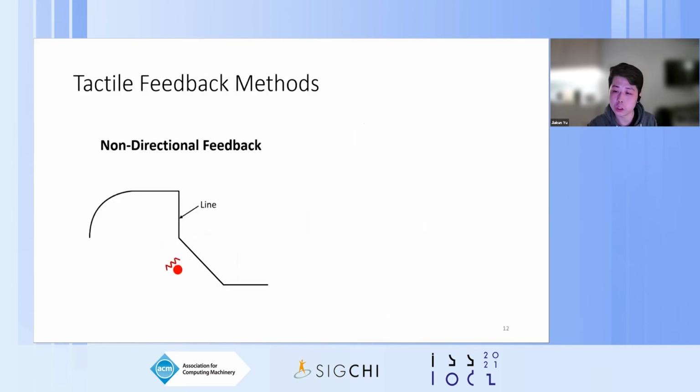We proposed two different methods of eyes-free line tracing: non-directional and directional feedback. Non-directional feedback provides only contextual information about an individual position on the line. An example of this is varying the intensity of tactile feedback as a user deviates further away from the line.